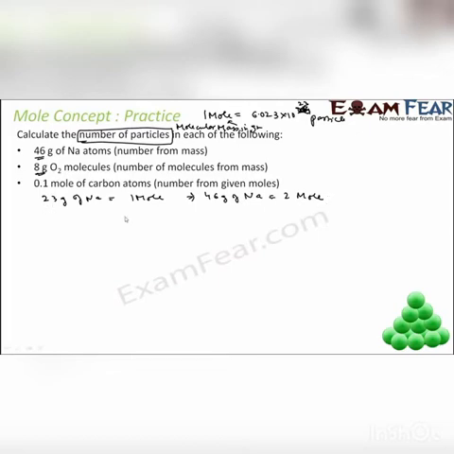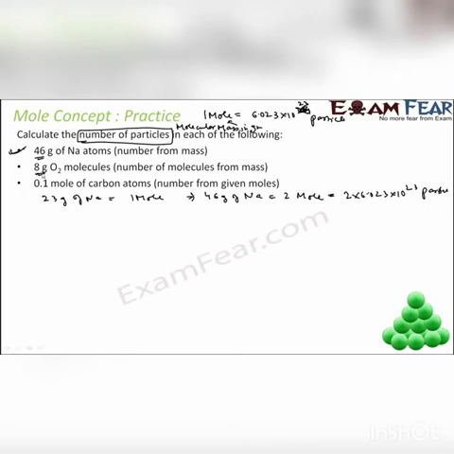You can do maths. So 2 mole is what? 2 into these many particles. That is 2 into 6.023 into 10 to the power 23 particles. You can do the maths. It will be 1.2044 into 10 to the power 24 particles, or 12.044 into 10 to the power 23 particles. You can do that maths.